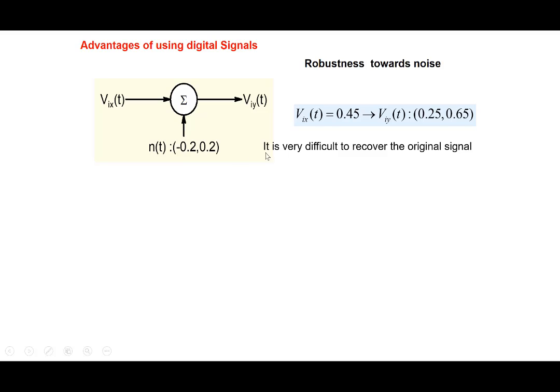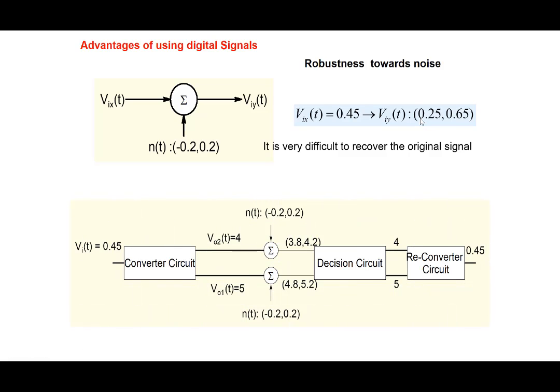And in some situations we may not be able to differentiate very well a noise from, let's say, a speech signal or some other signal coming from some source. So the point is that once an analog signal gets corrupted by noise, it becomes very difficult to recover the original signal. We may reduce the effects of the noise, but we can't recover the original signal.